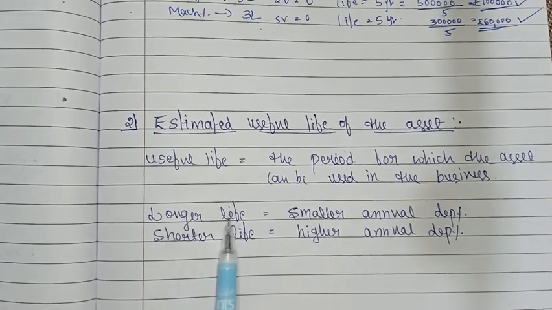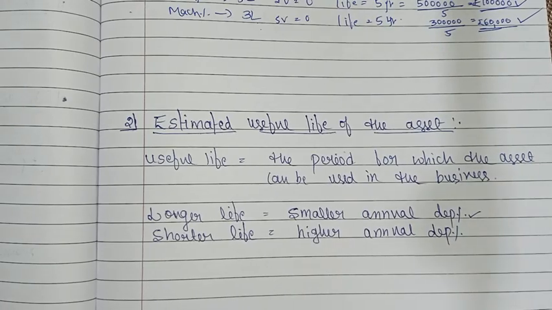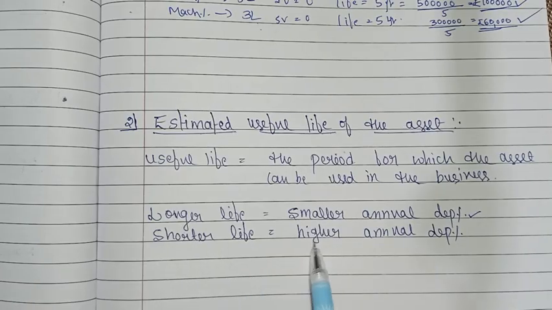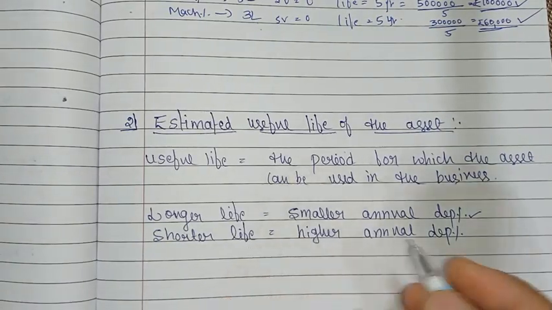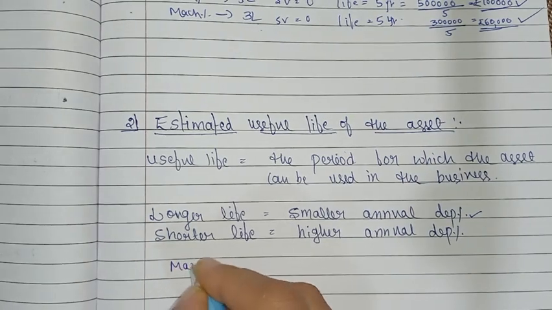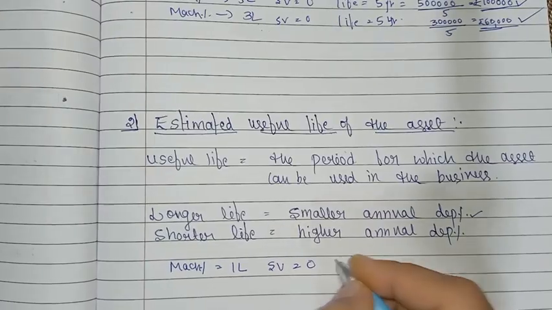If the life of the machine is longer, then it results in a smaller annual depreciation. And if the machine's life is short, it results in a higher annual depreciation. I will explain this through an example. A machine costs rupees 1 lakh, scrap value 0.